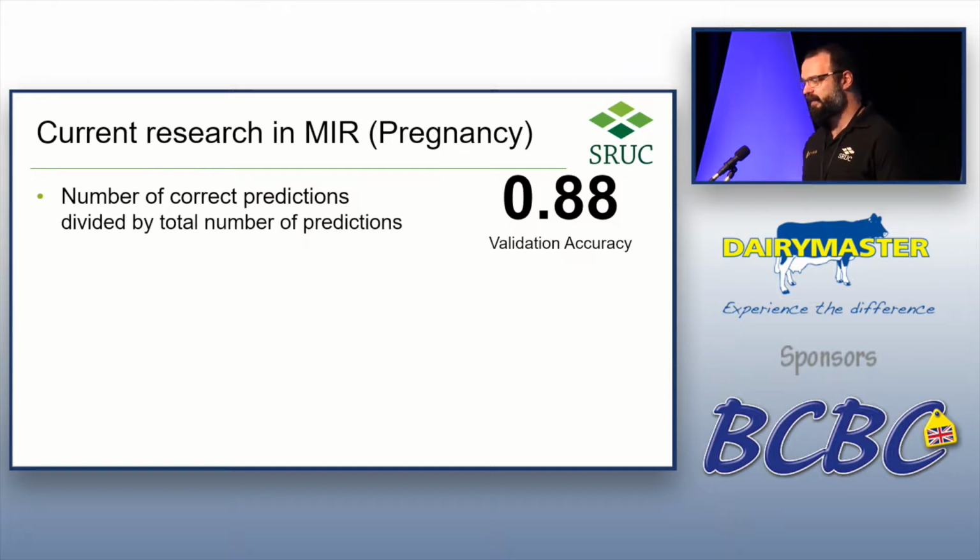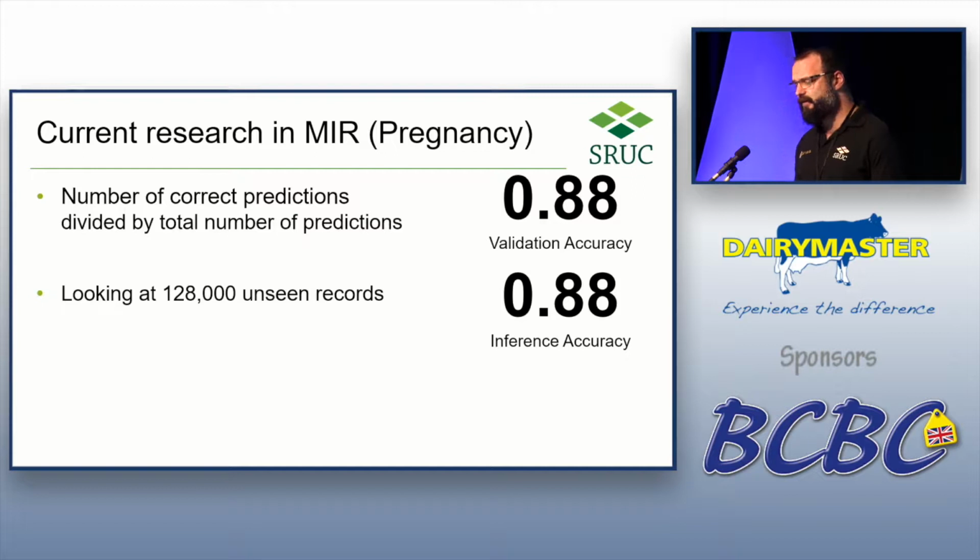But more importantly, when we validated this on our inference data set, which is data the model has never seen before, 128,000 unseen records, we have the same inference accuracy. So slightly lower accuracy on a more difficult problem, but at least we know that what we see in research is something we'll see in the real world when we apply it.